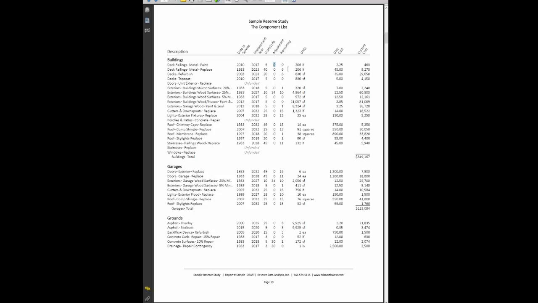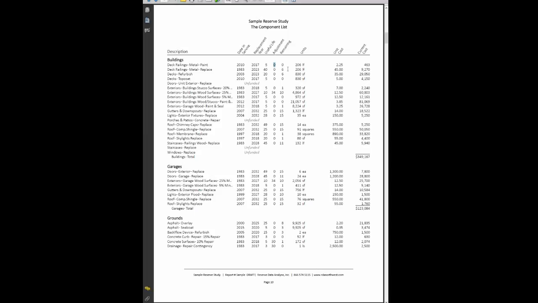But the adjustment figure will show up on this page, and you can see if something's been pushed out or is anticipated to come up sooner than originally anticipated or than is typical. Oftentimes we'll go out to a community and a 20-year roof for some reason lasts 15 years. It could be a bad install, or some kind of windstorm that caused damage to the roof that wasn't caught.